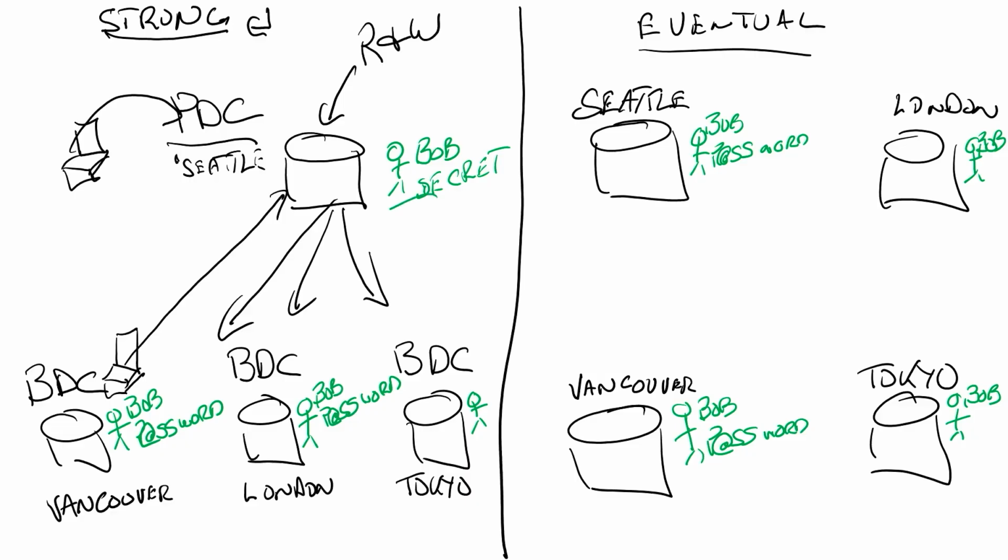I would have to wait for that replication to take place to the series of backup domain controllers, so that regardless of where I was logging in, they would have that new password to be able to give to the users.